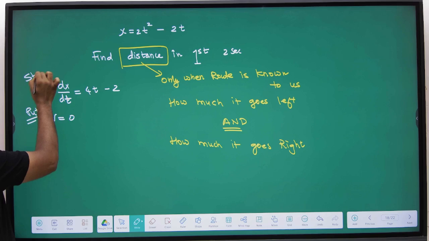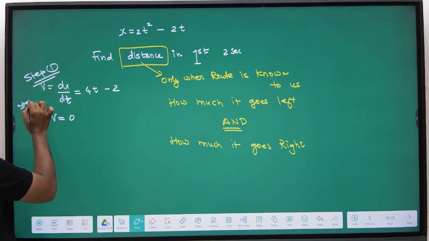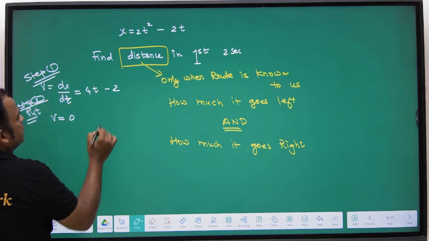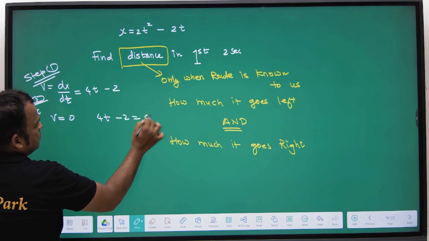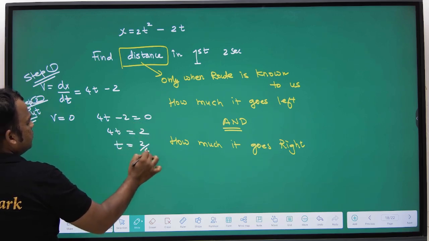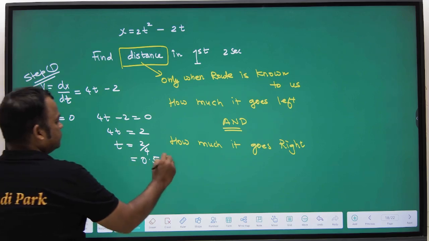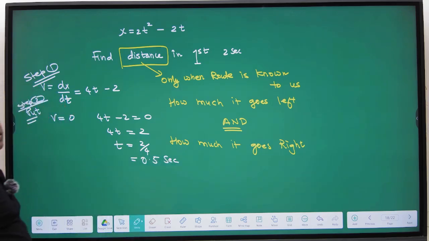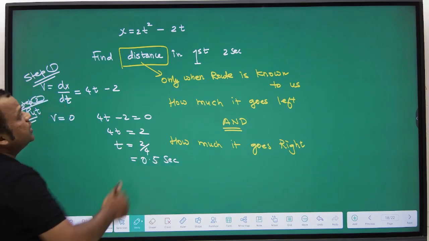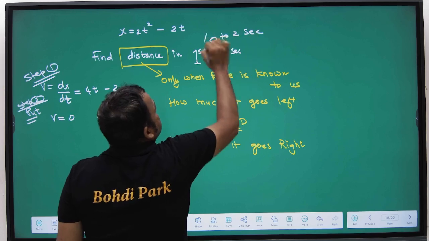You can call it step 1. This is step 2. Put v is equal to 0. So 4t minus 2 is equal to 0. So 4t is equal to 2. So t is equal to 2 by 4, or that is 0.5. Velocity is 0 at 0.5, but the question is asking what is the distance in time interval 0 to 2.